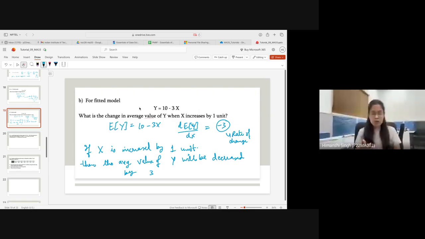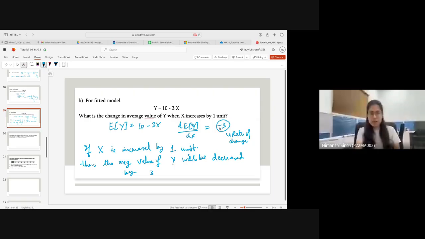To calculate it, the expected value of y came out to be 10 minus 3x, and the rate of change in the expected value of y with respect to x is the differentiation of this with respect to x, so that is minus 3. What it interprets is that if x is increased by 1 unit, the average value will decrease by 3 units, because it is in negative sign.